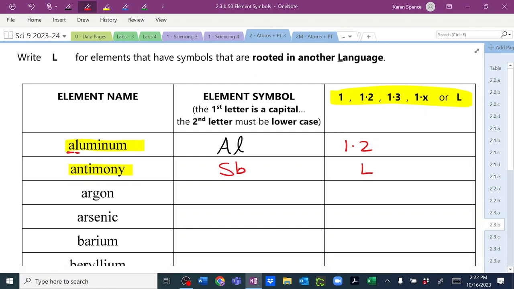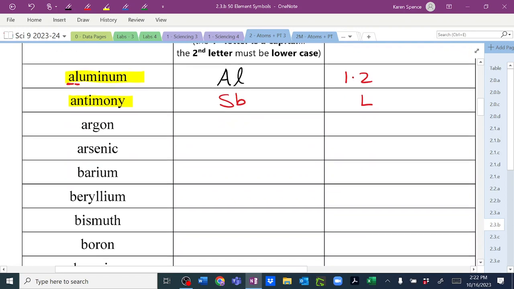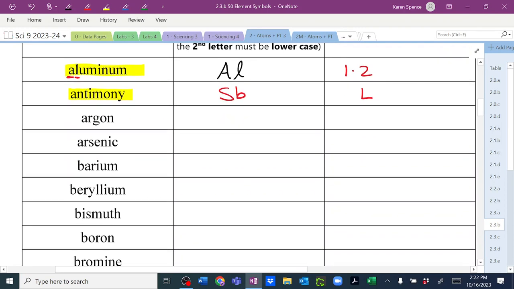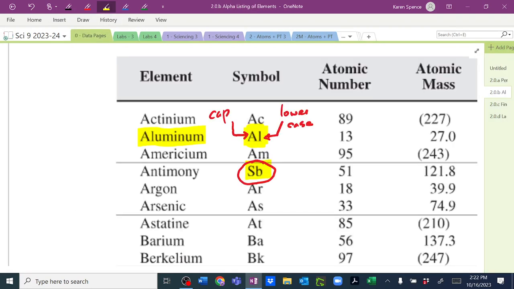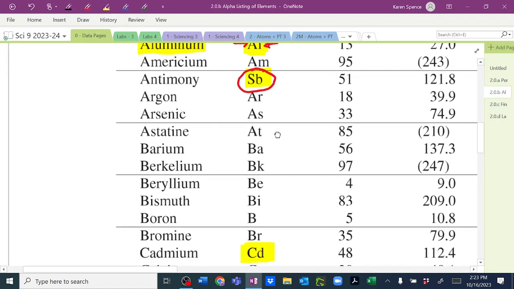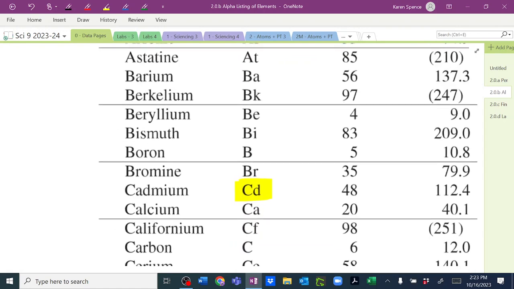There's a couple others that I wanted to point out to you, just to give you an example. One of them is cadmium. Let's go look up cadmium. Scroll down till you get to the C's.